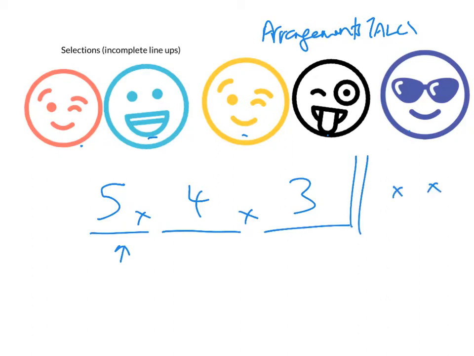What we're actually doing here is picking 3 from 5. That's a notation that we use, and we say 5, pick 3. Now this is a selection idea rather than arranging all. Okay, so it's a reduced situation.